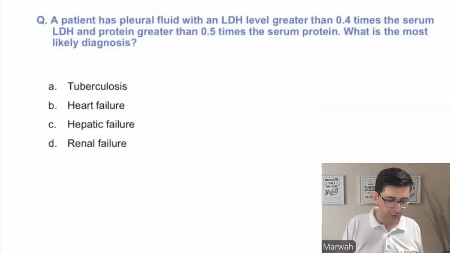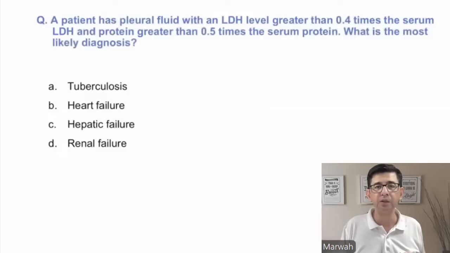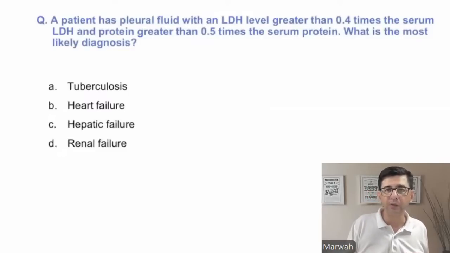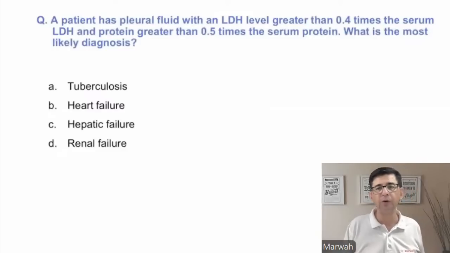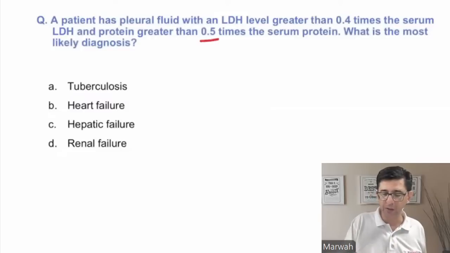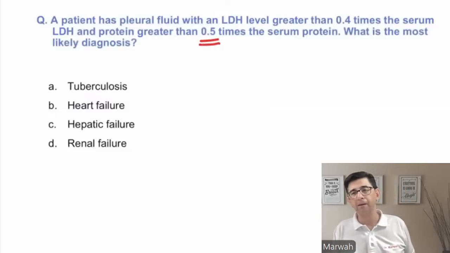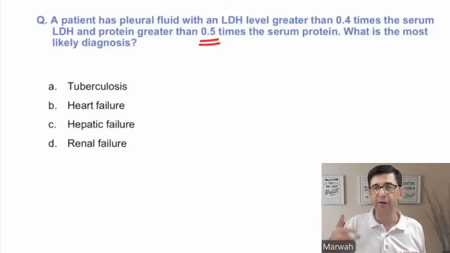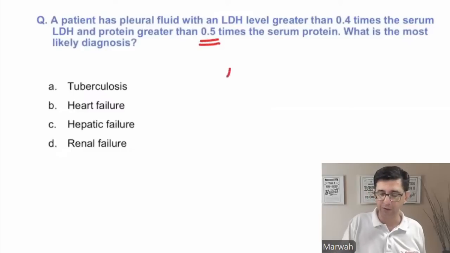Yes, this is what you are talking about. A patient has a pleural fluid LDH level of 0.4 times serum LDH, and protein greater than 0.5 times. So only one criterion is getting satisfied. It doesn't matter. Out of the three criteria of Light's criteria that we've discussed, it is any one that is positive.